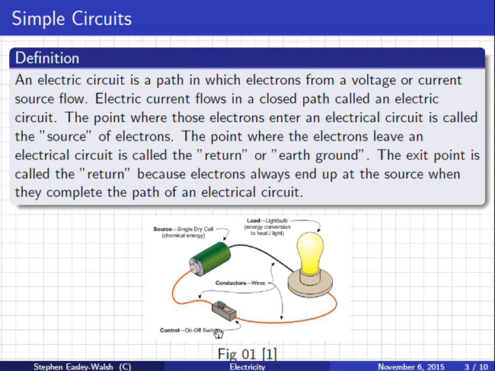I think this word is important because it is used a lot in circuits. Load means resistor. So here the load is the light bulb. The battery is the source. The wires are conductors, and there's a switch. This is a simple circuit.